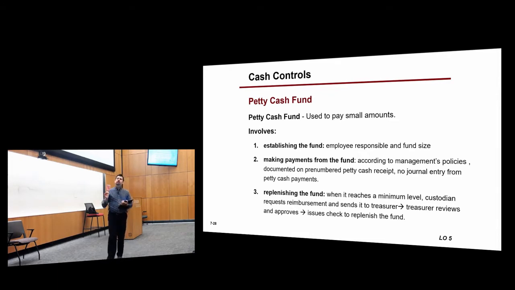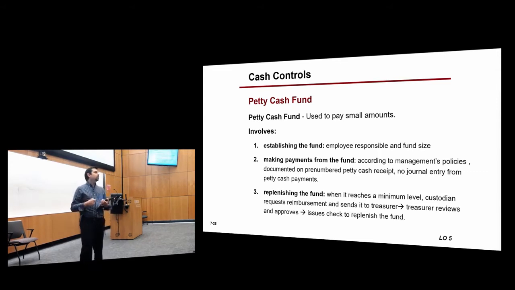And then the last step is when, at the end of the month, usually 3 to 4 weeks, the company would replenish the fund to its original size. For example, let's say that the size of the fund was $1,000. At the end of the month, it will be replenished to $1,000. It is at that moment where the journal entries are made.